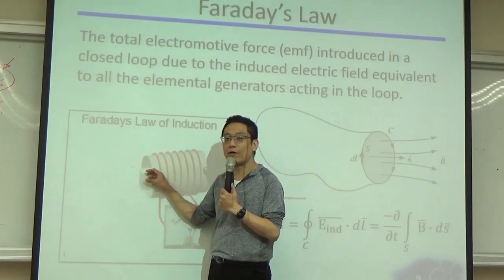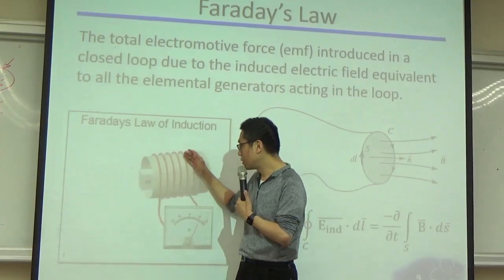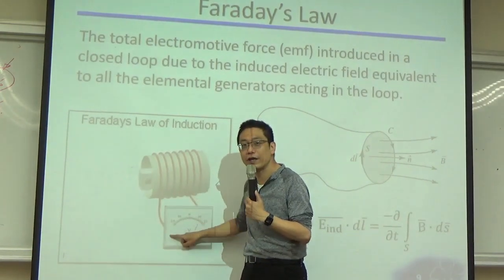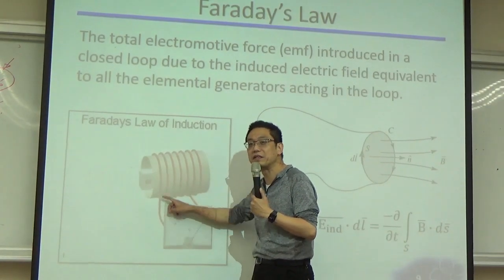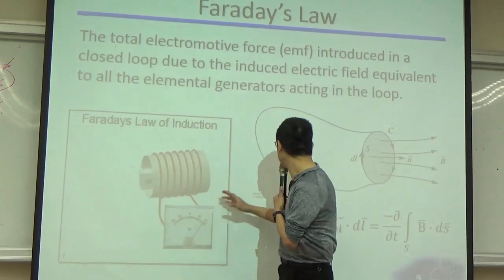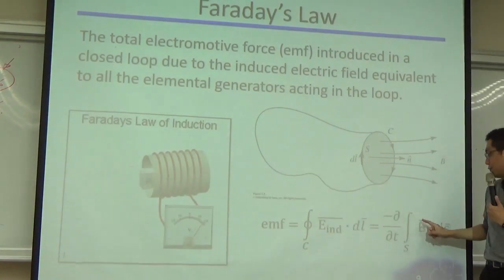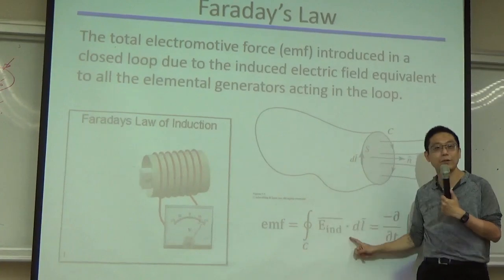The change of the magnetic field can introduce your induced E field, which can detect by your multimeter. You can detect the current here. This question. If you see that here, they will introduce this one.